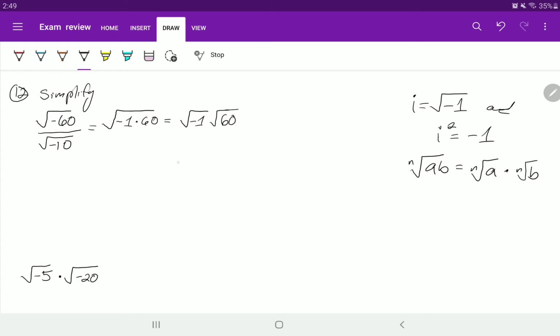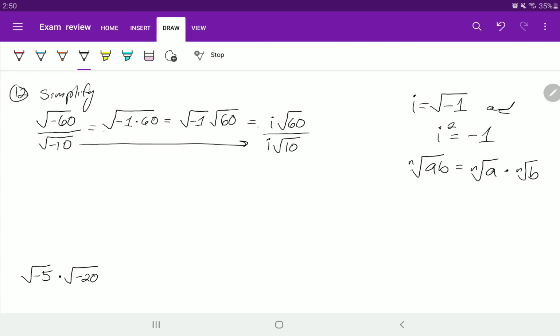The square root of negative 1 is i, so that equals i square root of 60. As you can see, I could have just taken the negative sign outside of the radical and it would have been the i. I'm going to do the same thing for the square root of negative 10, and write that as i square root of 10.